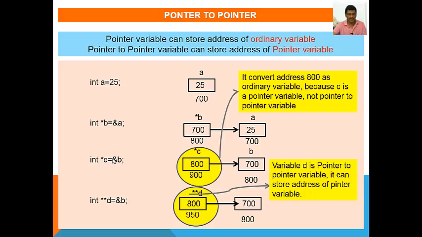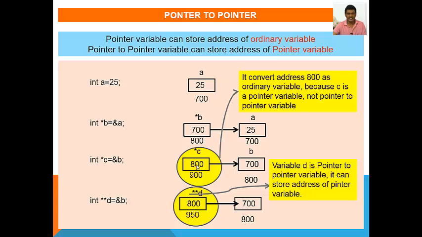c is a pointer variable. Is it possible? b is a pointer variable and c is also a pointer variable. If we try to assign the address of a pointer variable to a pointer variable, it converts address 800 into an ordinary variable address. So that 800 is not the address of a pointer variable.